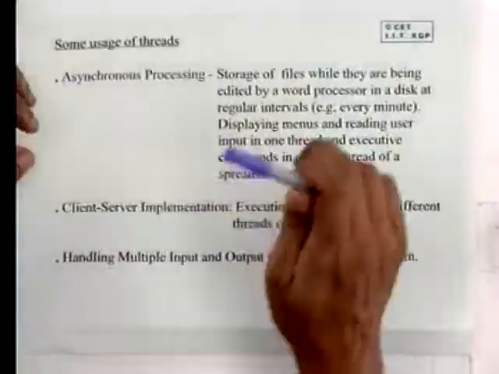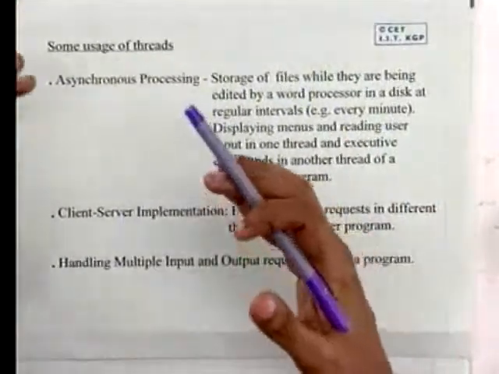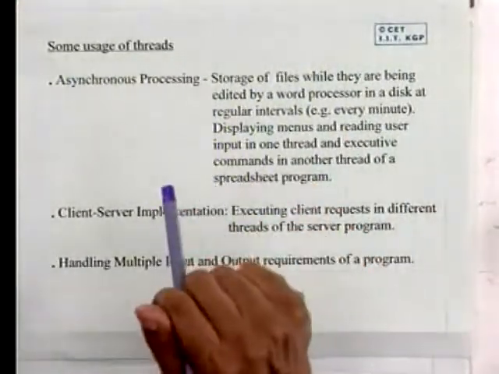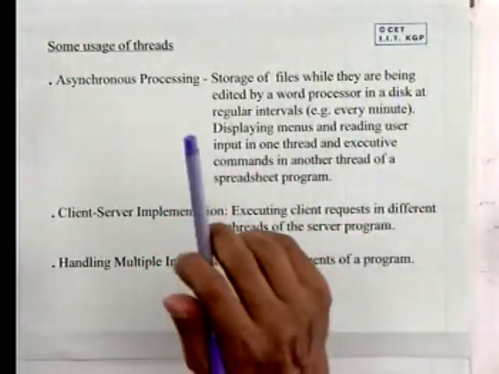Then we have, as I said, handling multiple input-output requirements of a program. For example, in one thread we can take the input from a mouse, another thread can be used to take the input from the keyboard, and so on. So this is the main distinction between the concept of a thread and a process.